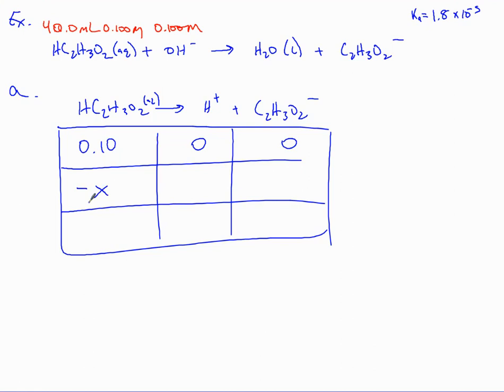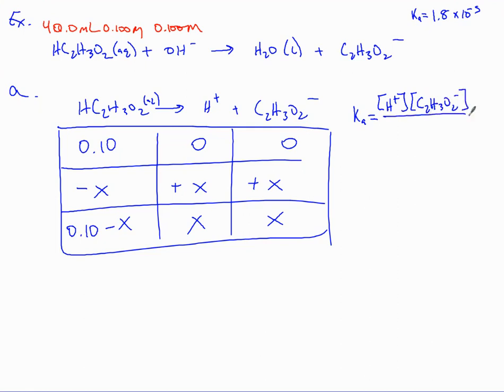Acetic acid goes down by X. Hydrogen and acetate go up by X. This should be pretty familiar. At equilibrium, acetic acid is 0.1 minus X. Hydrogen is X. Acetate is X. So your equilibrium expression is Ka equals products over reactants.